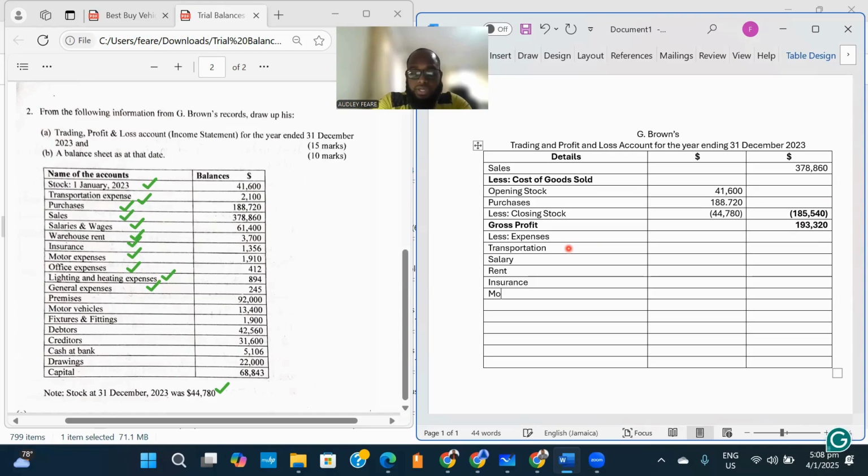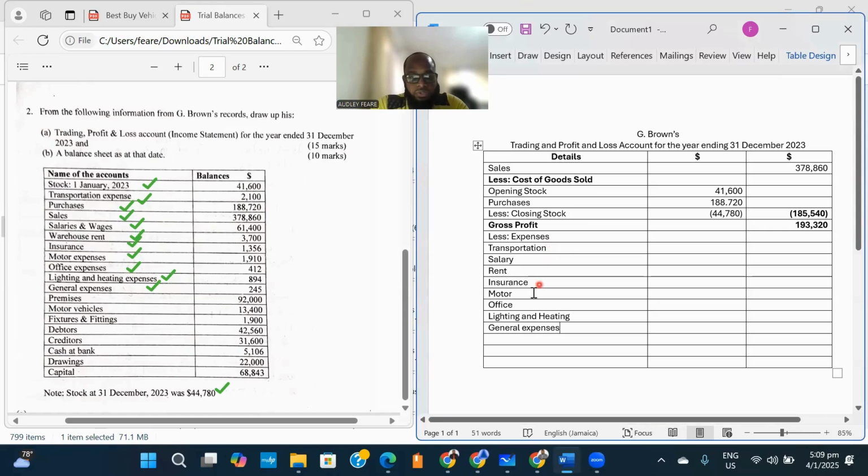We have motor expenses. We have office expenses. We have lighting and heating expenses. And we have general expenses. And so those are the expenses that we have. So let's go. Oh, this was motor expenses, salary and wages. Let's add and wages there.